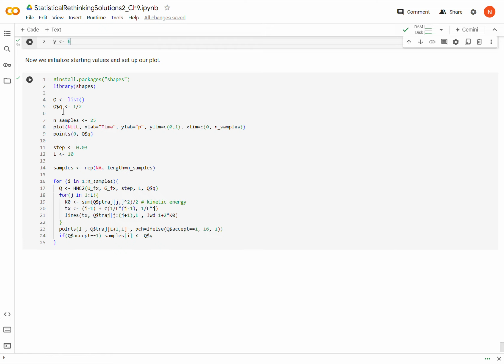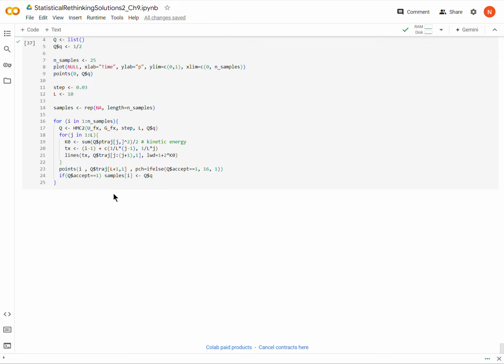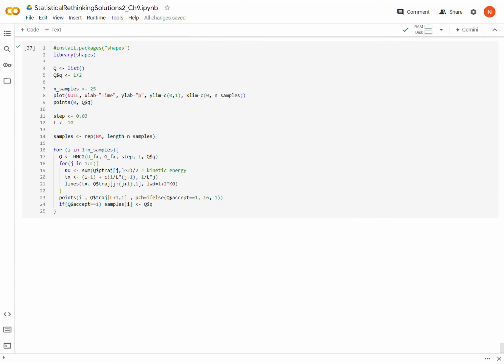Now this is how we're going to make our Hamiltonian Monte Carlo run. I'm more or less adapting what is in the book here.